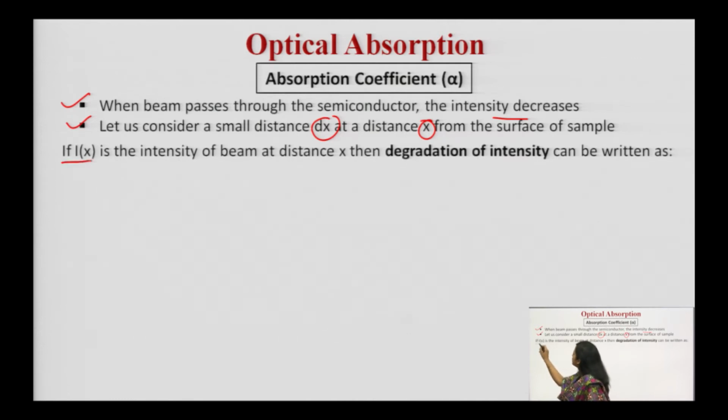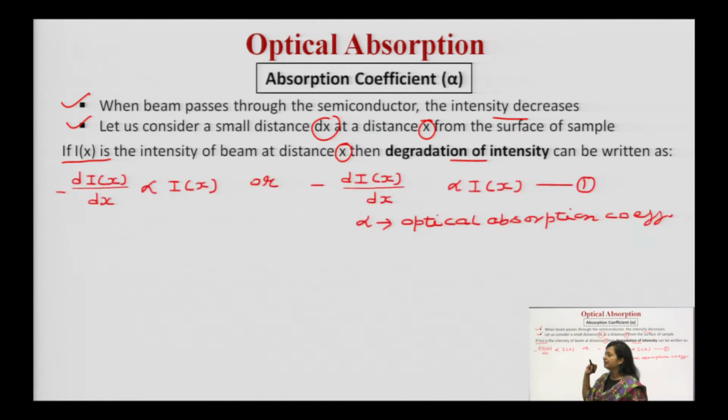If Ix is the intensity of the beam at a distance x, then consider the degradation of intensity. If I naught is the intensity falling on a semiconductor and it passes through the semiconductor bar, then after that end, if you calculate the intensity, definitely it is going to decrease. Now, what is that decrease in the intensity?